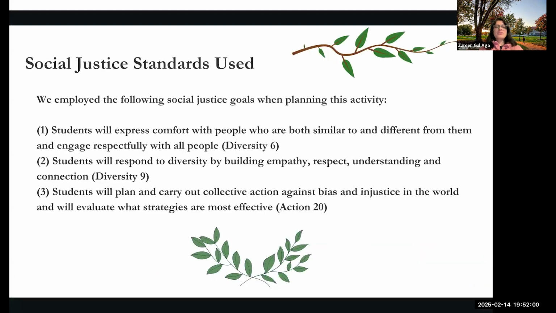Earlier we shared the 3 social justice goals that we wanted to meet when we designed and implemented the activity. We were able to meet the first 2 goals because students were able to review each other's problems and solution strategies.